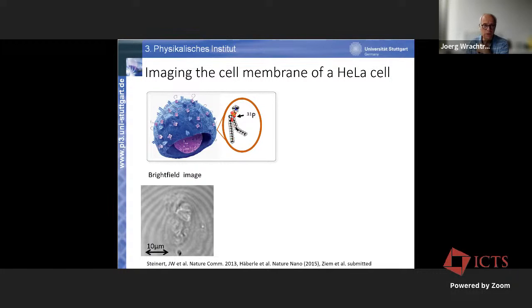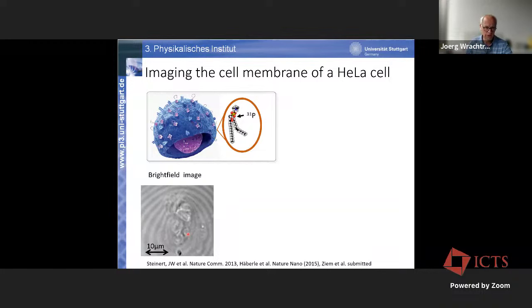And there is one specific nucleus, phosphorus-31, which has a very distinct Larmor frequency due to its nuclear gyromagnetic g value, which is distinct from all the other nuclear spins, which mostly are carbon-13 and protons. And we want to measure this signal to localize the cell membrane.